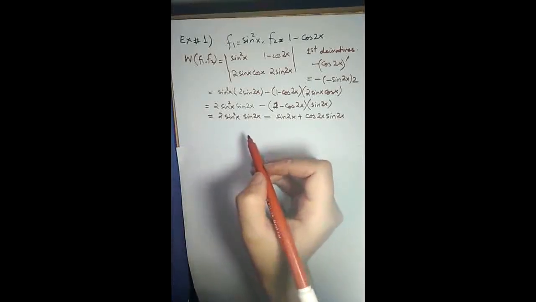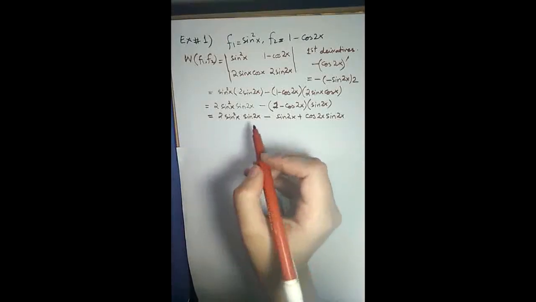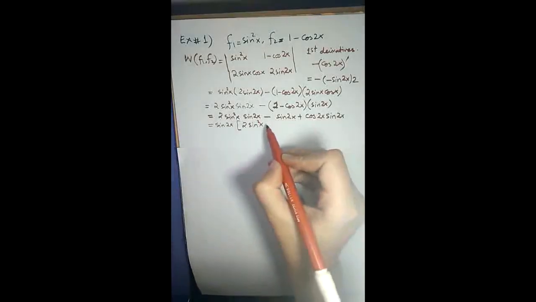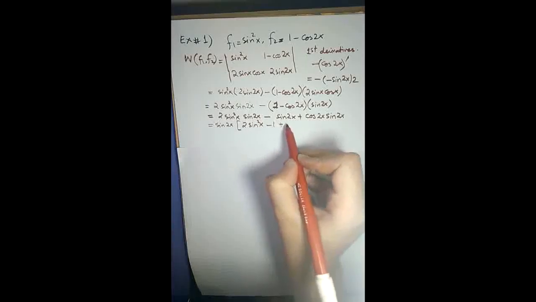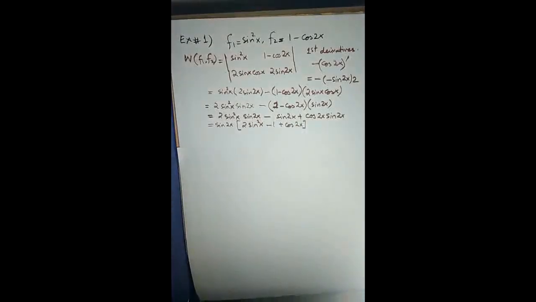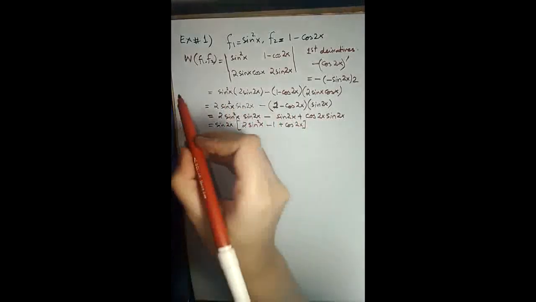I take sine 2x common. 2 sine square x minus 1 plus cos 2x. Now I am using the identity of cos 2x, and that is cos square x minus sine square x.